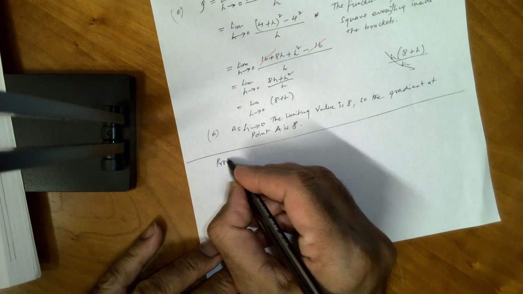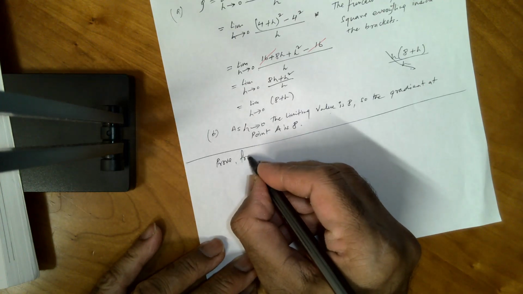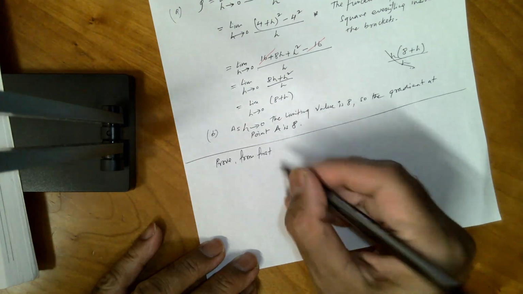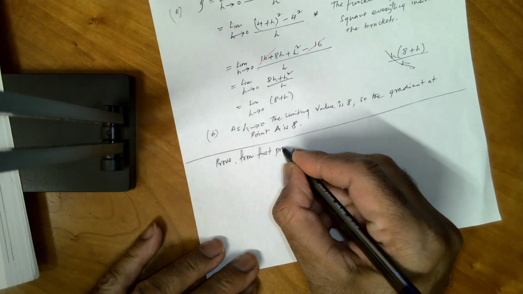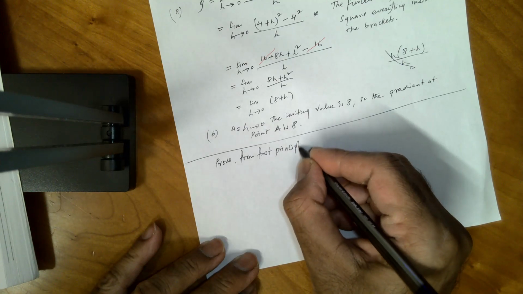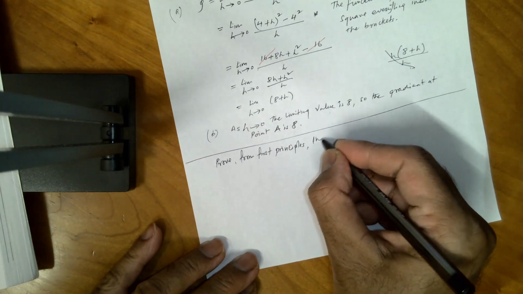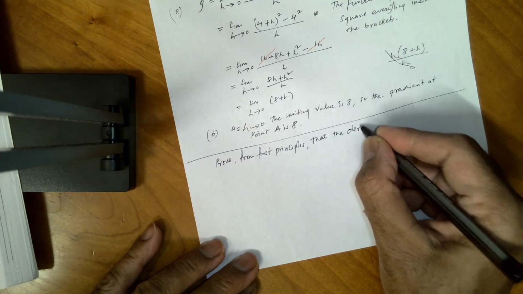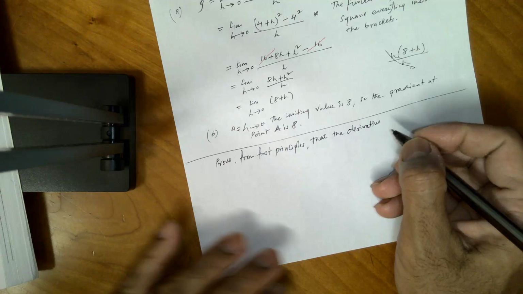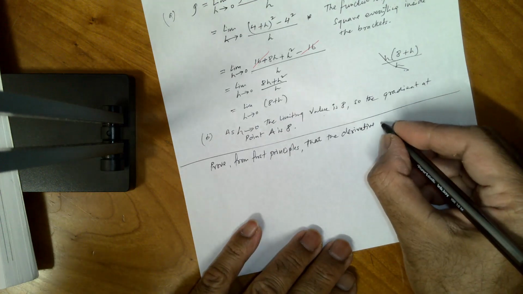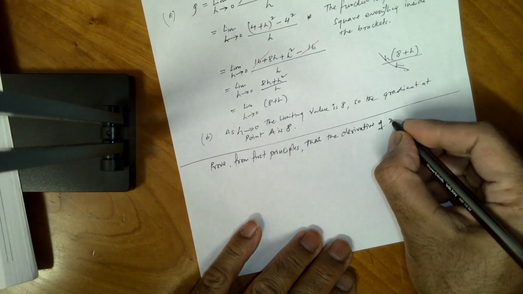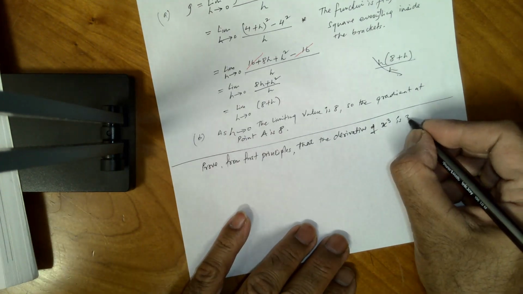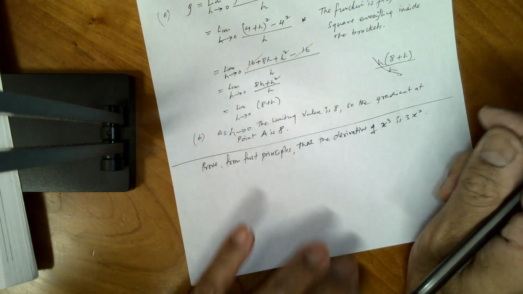So this is what you have to prove: from first principles, that the derivative of x cubed is 3x squared.